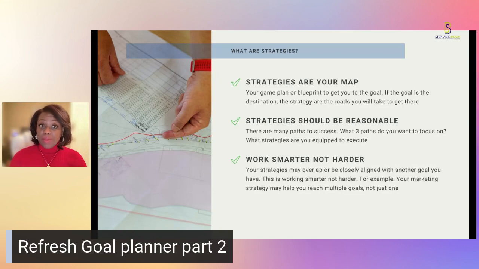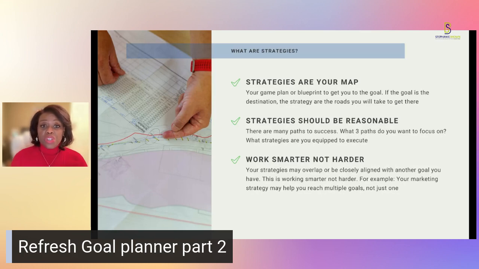Strategies, like I said, is step four. You probably have heard of intentions before. You probably have heard of goals. You may not have heard the term strategies. Strategies are your map. They're your game plan or blueprint to get you to your goal. If the goal is your destination, the strategy are the roads that you will take to get there.